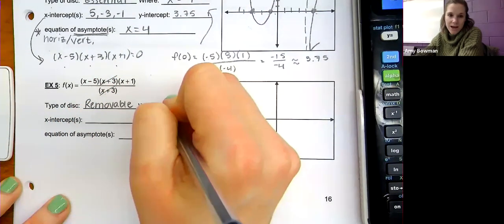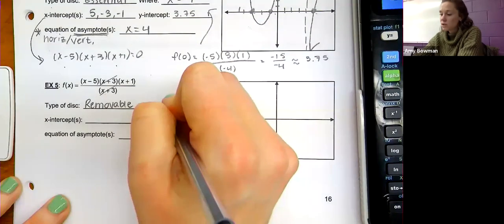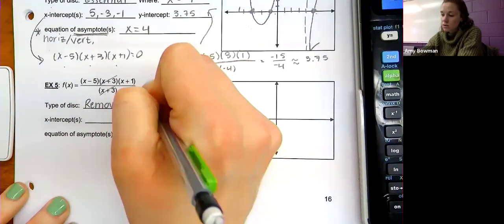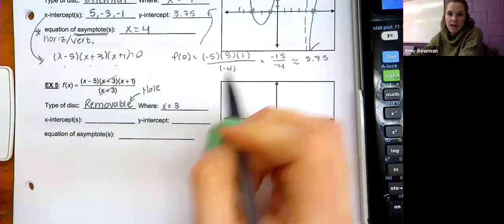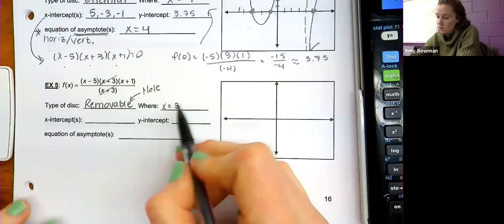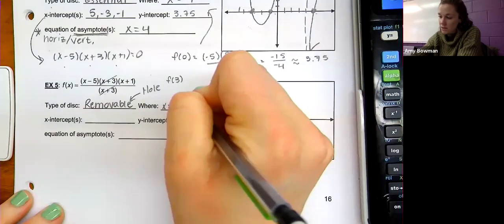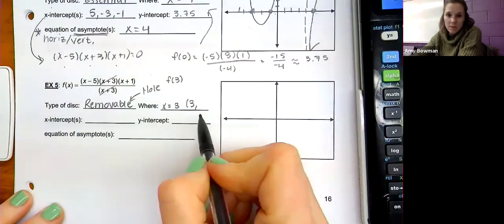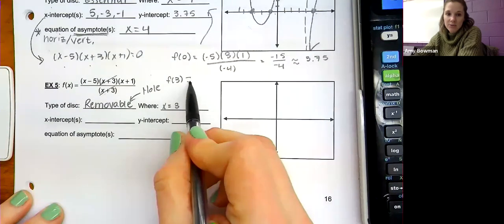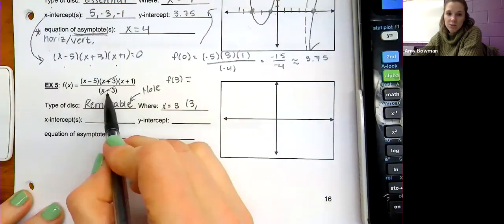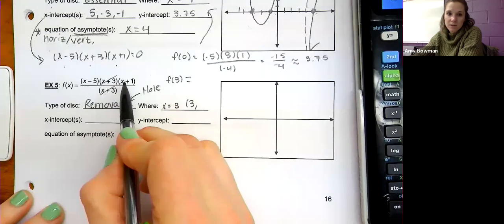And what if I want to know the actual point? A removable discontinuity is a hole which has a coordinate. So if x was -3, that's going to give the y coordinate of this hole. So I would plug -3 in after you make that cancellation. So it would just be x minus 5 times x plus 1.